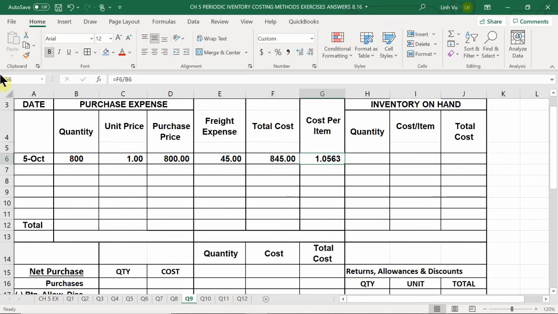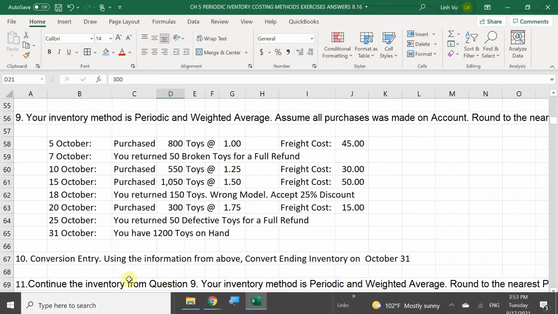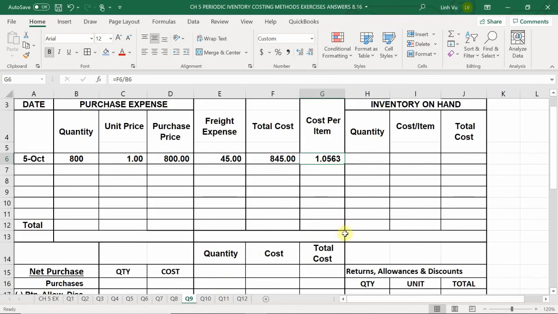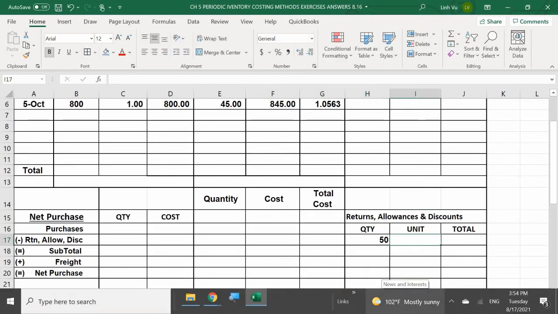All right. So next piece of information: on October 7th, you end up returning 50 broken toys for a full refund. So we end up returning 50 toys, and we're going to get a refund.